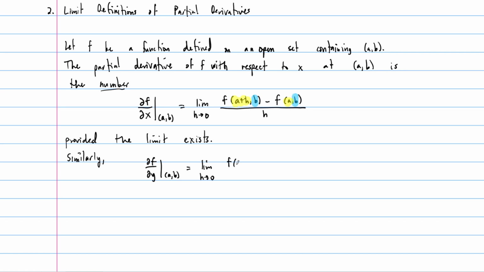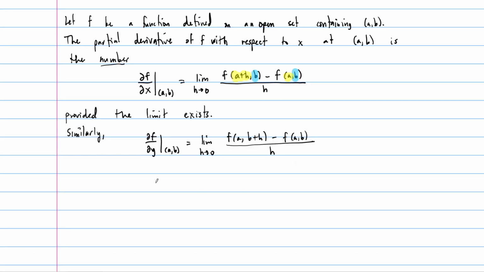So our x coordinate is fixed, and our y coordinate, our value b here, is varied a little bit. And then we subtract off f of (a, b) and divide by h. It's very similar, but this change happens in the y component only. That's why it's the partial derivative with respect to y. All right, so these are our limit definitions of partial derivatives.